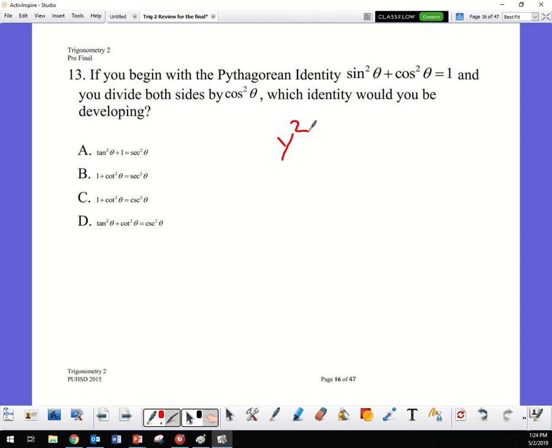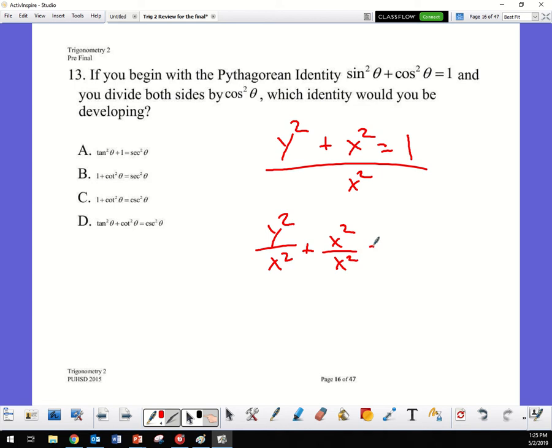So y squared plus cosine, which is x, squared equals 1, right? Okay, so I'm going to divide everything by x squared. So it's going to be y squared over x squared plus x squared over x squared equals 1 over x squared, right? That one is secant.